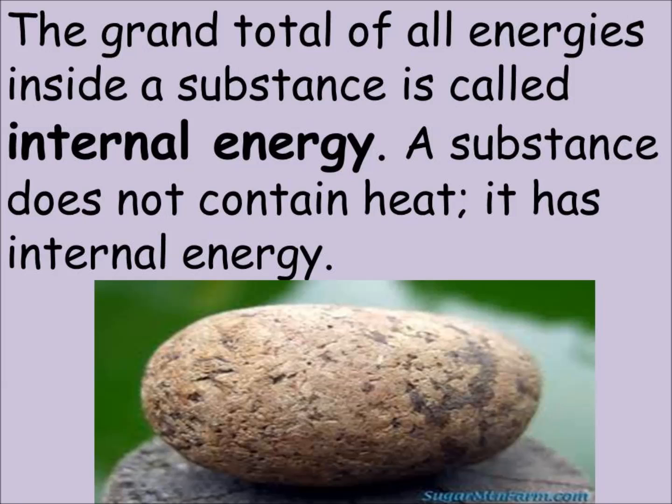Now, looking at a particular piece of material, that rock is at the same temperature as the top of your desk, for instance, but it's cold to touch. But the grand total of all the energies inside the substance is called internal energy. A substance does not contain heat, it has internal energy.